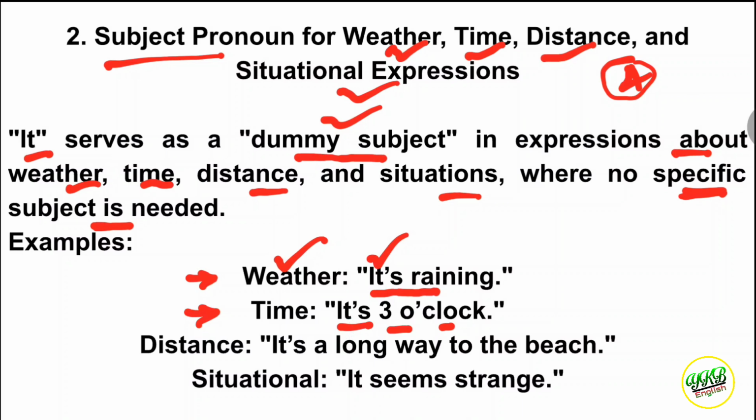Now this is for distance. It's a long way to the beach. So for distance, it is a dummy subject here in this sentence.